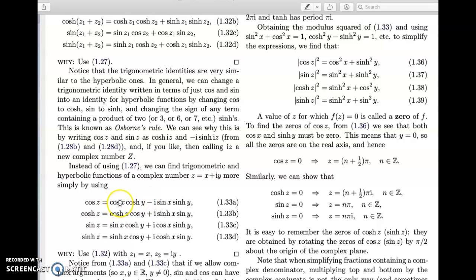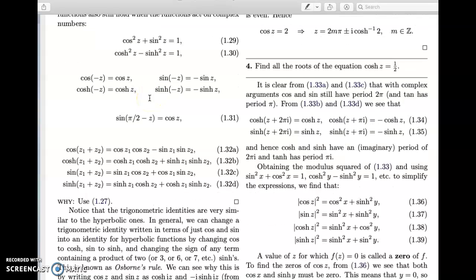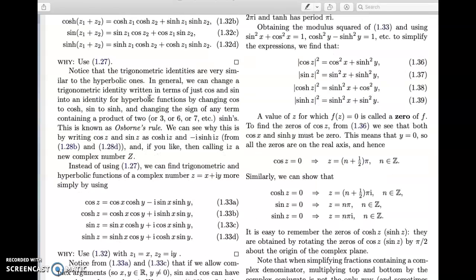So if you do a bit of algebra, you get cos squared times cosh squared, and you've got sine squared and sinh squared. So cosh squared you can rewrite using this as 1 plus sinh squared, and obviously the sine squared you can rewrite as 1 minus cos squared. So if you do the algebra, you end up with this expression here. So yes, this is sometimes useful, not amazingly useful for other things.